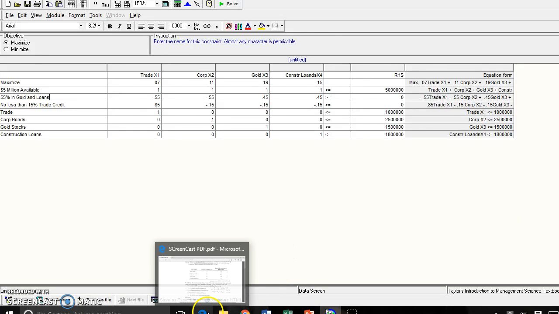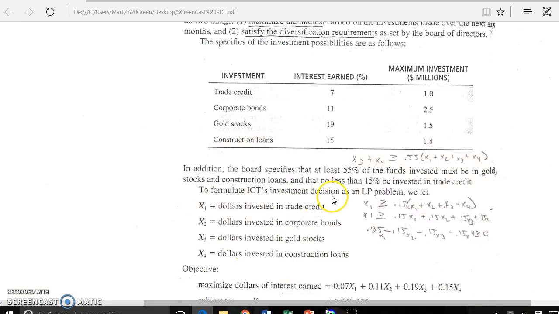Our next constraint that they provided for us is that no less than 15% can be invested in trade credit. And so we set up our equation, and I've actually solved the whole thing right here for you. So trade credit is our X1. So X1 has got to be greater than 0.15 because we want 15% to be invested in trade credit, times X1 plus X2 plus X3 plus X4.